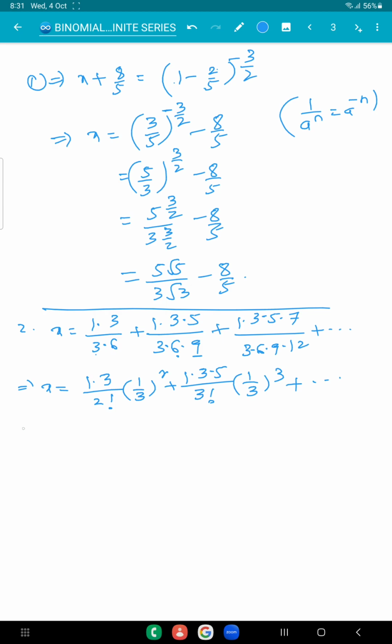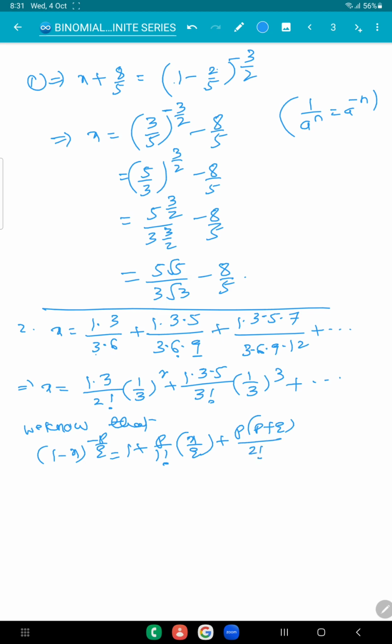What is the expansion? It is better to write it. We know that (1 minus x) to the power minus p/q is equal to 1 plus p/1! into x/q plus p(p+q)/2! into (x/q) squared plus and so on. When this is compared with this one, it starts with 2 factorial, which means we have to add the first two terms.